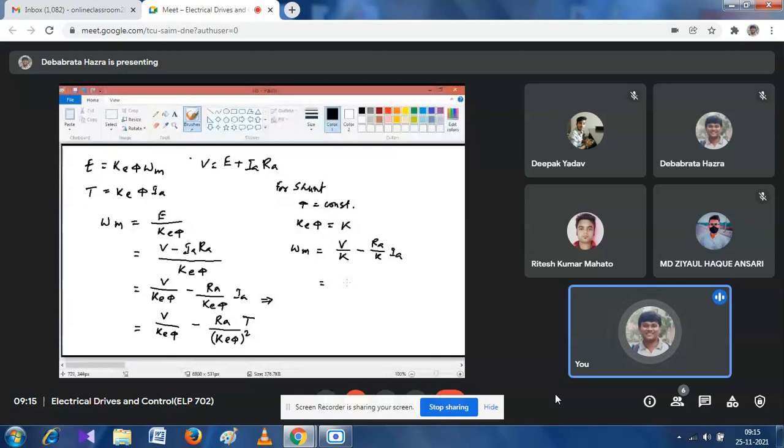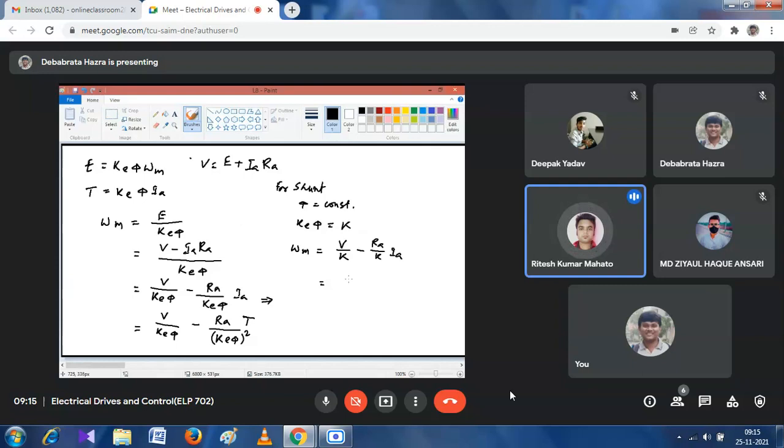And the speed equation in terms of torque, what should be? Tell me, Ritesh, what should be the equation of speed in terms of torque?